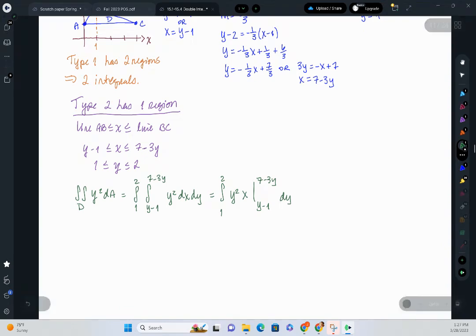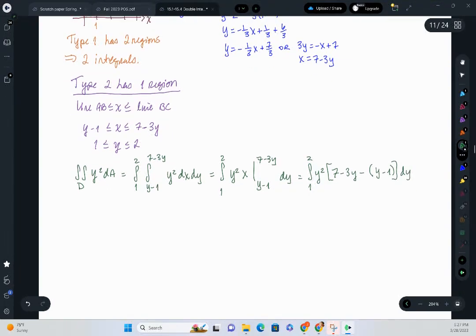And then that y squared is like a constant, so this is the integral from 1 to 2 of y squared times evaluating x at 7 minus 3y minus the evaluation of x at y minus 1. Make sure you have parentheses there, and then dy. So I need to distribute and get like terms.